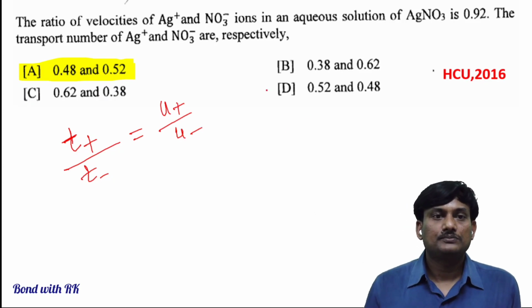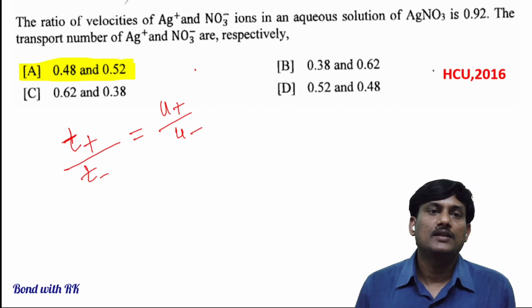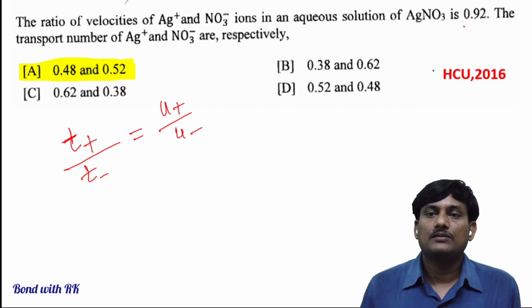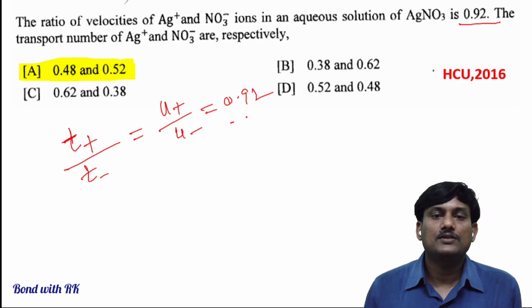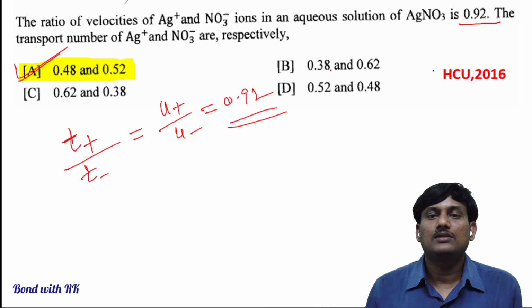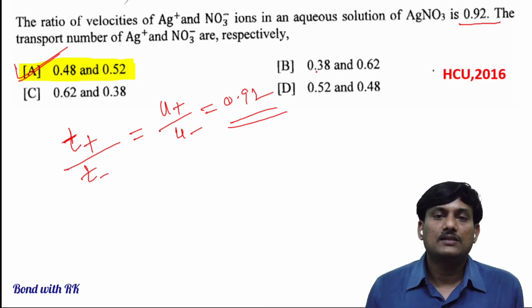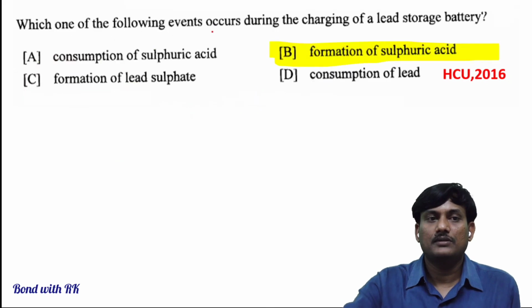Here the velocities ratio is 0.92, so it will be equal to 0.92. When you divide the first term with the second term, you have to get 0.92. In this case, you will get 0.92. In the remaining cases, you will get other than 0.92. So this is the correct option.